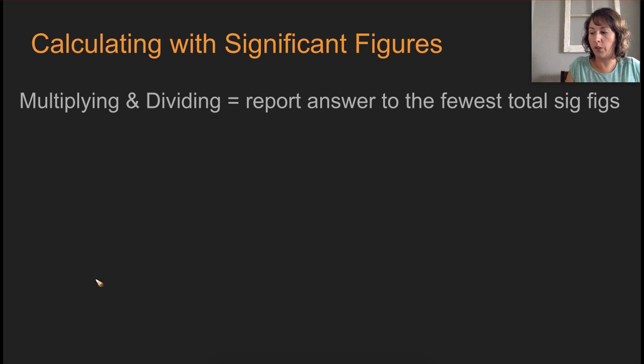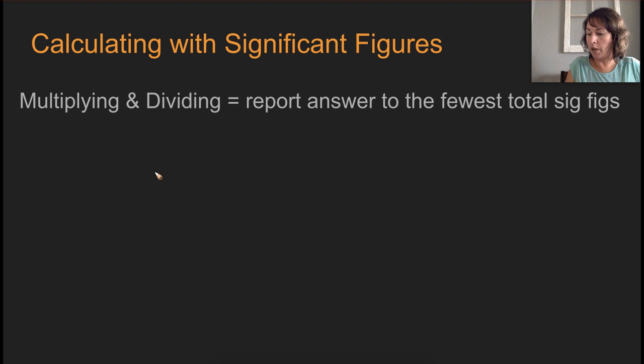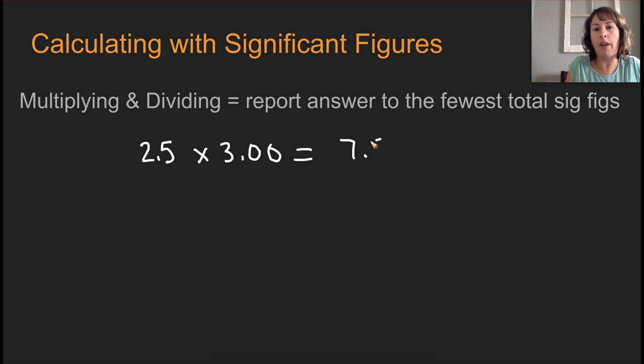Okay, first one we're going to do is we're going to multiply. I did something easy here, so we're going to do 2.5 times 3.00. Okay, and when we do that, we get 7.5. Now we have to know if 7.5 is going to be correct. Well, which one of these two numbers has the fewest total sig figs?